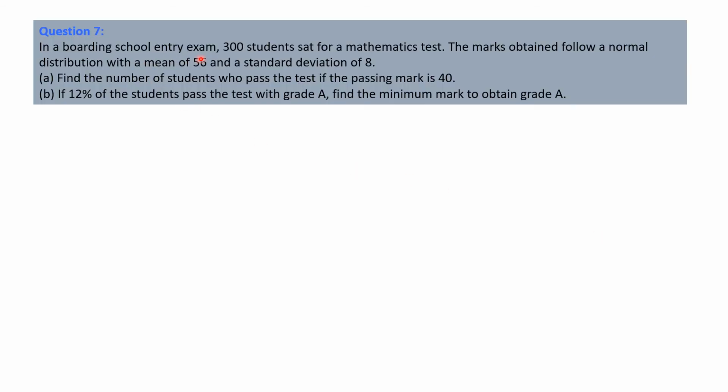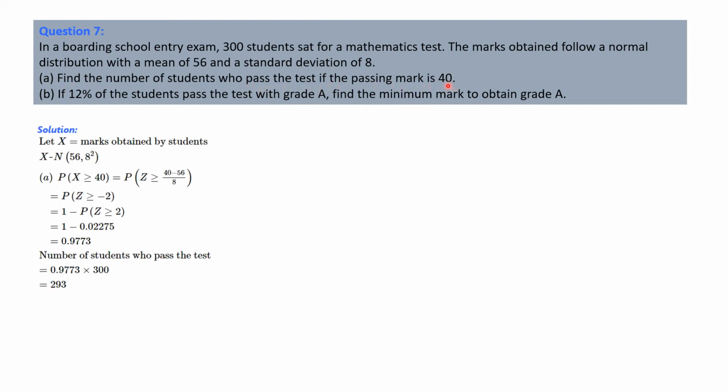Okay, let's move on to question 7. In a boarding school entry exam, 300 students sat for a mathematics test. The marks obtained follow a normal distribution with a mean of 56 and a standard deviation of 8. So A, find the number of students who passed the test if the passing mark is 40.